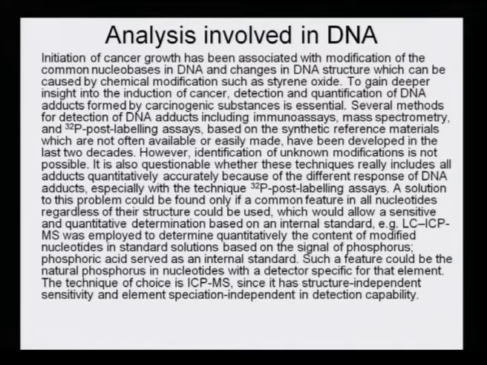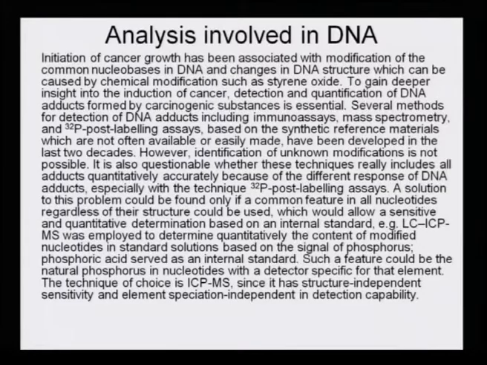Such a feature could be natural phosphorus in nucleotides with a detector specific for that element. Thus this technique is the choice, because ICP-MS can do what other machines cannot do, such efficient and precise detection, since it has structure-independent sensitivity and element-speciation-independent detection capability.